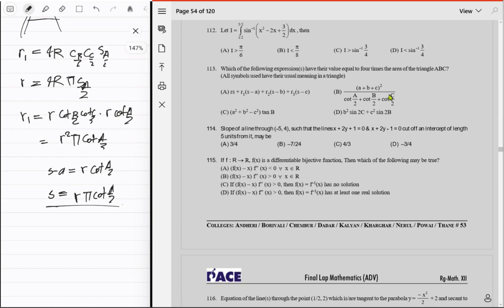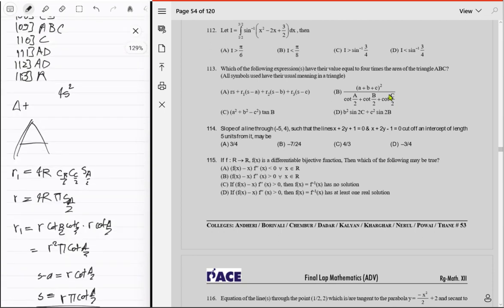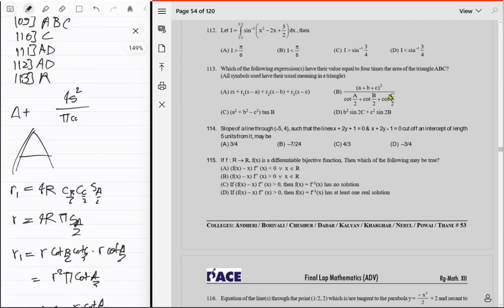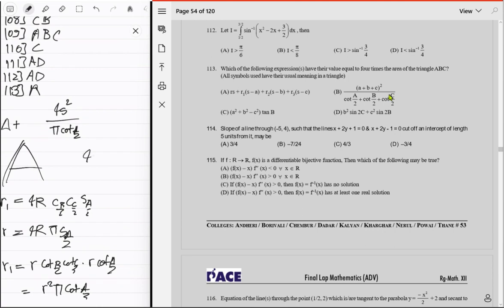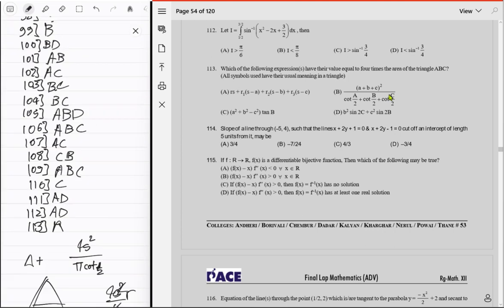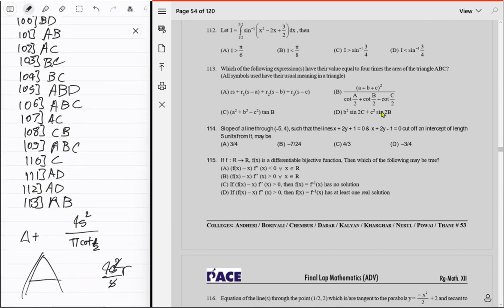S is equal to this thing, right? 4S square upon product of cot A upon 2, right? Product of cot A upon 2 is just S upon R in that case, which is 4S square upon S upon R. ऊपर आ गया, just cancels. Yeah, and it also works. So B is also right. और क्या है? C.